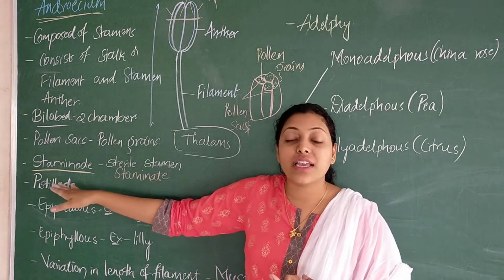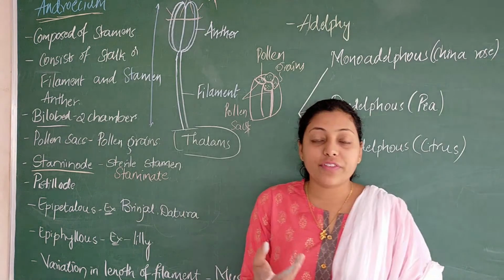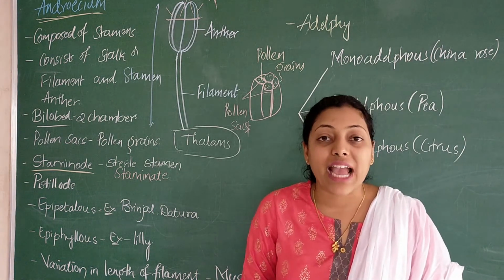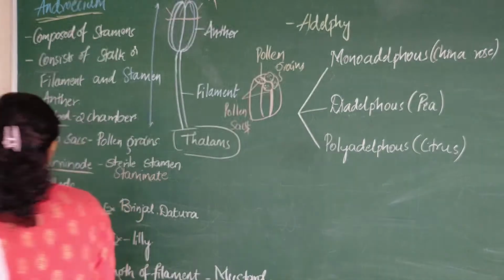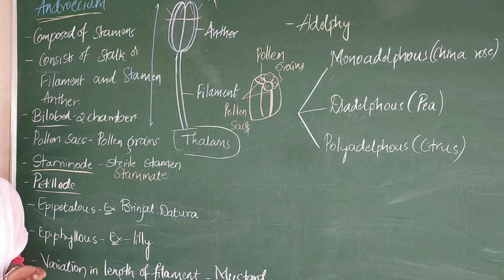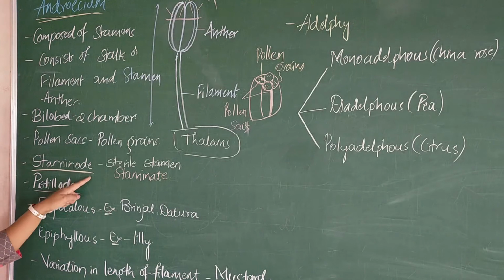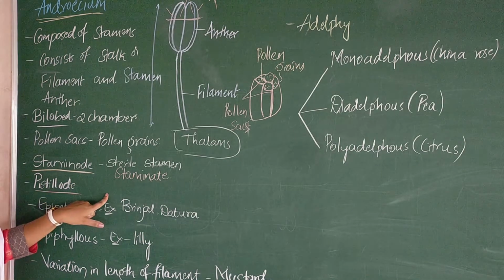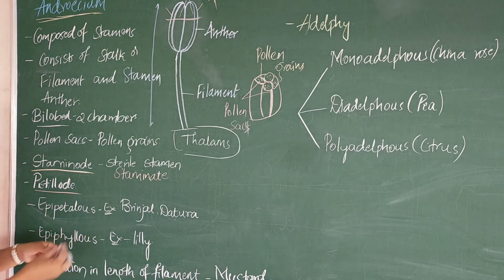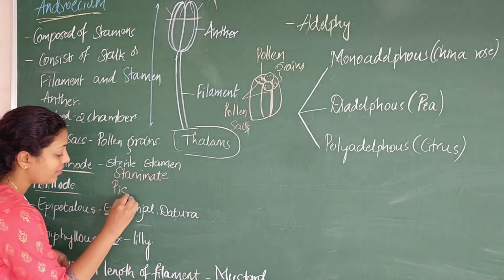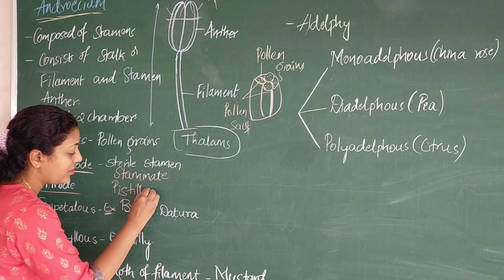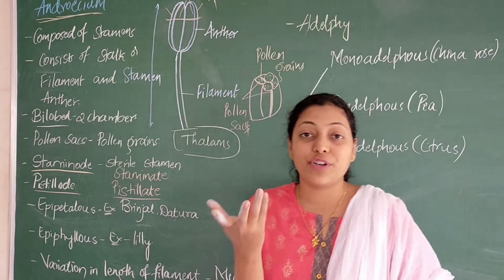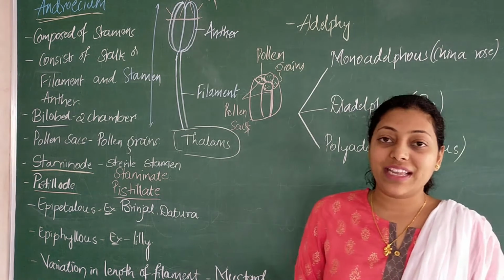And for the female flower, if it is not able to produce female gametes, we can call it pistillode. We have two words: staminode for the male sterile gamete, pistillode for the female sterile gamete. Whereas pistillate is the flower which produces fertile female gametes.